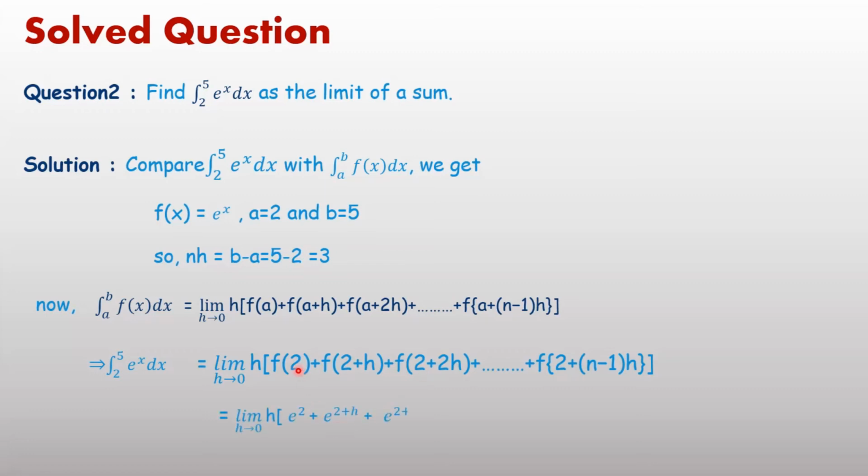Now next step, since f(x) equal to e power x, therefore f(2) equal to e power 2, plus f(2 plus h) means e power 2 plus h, plus e power 2 plus 2h, plus up to e power 2 plus (n minus 1) into h. Next step, e power 2 plus h we can write as e power 2 into e power h. Similarly, e power 2 plus 2h we can write as e power 2 into e power 2h.